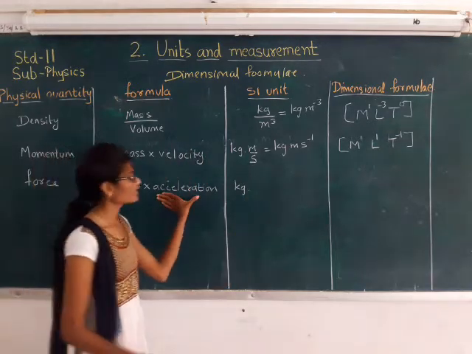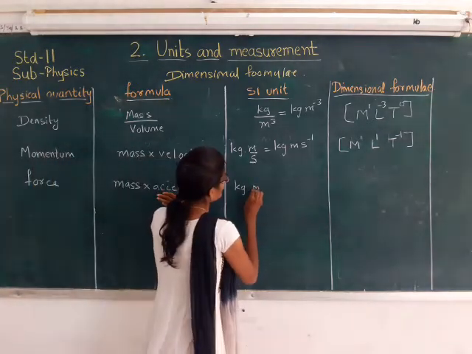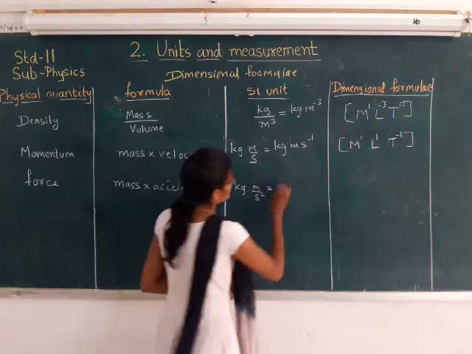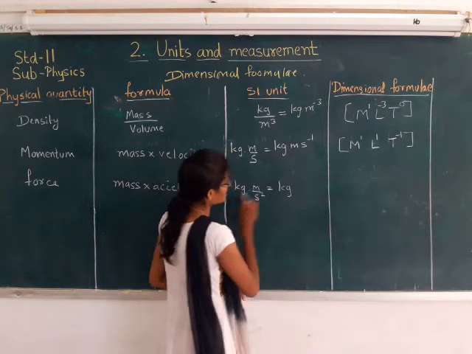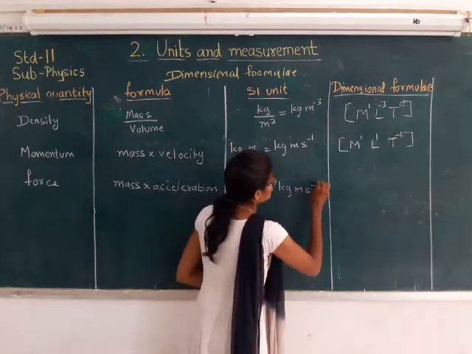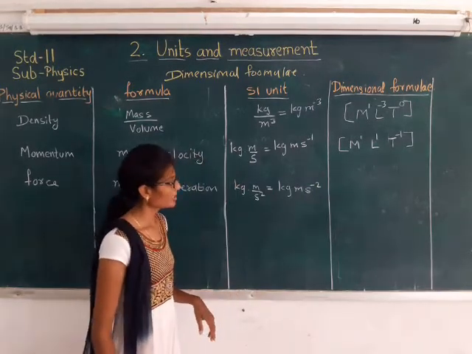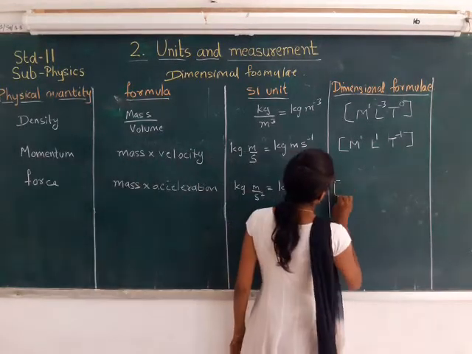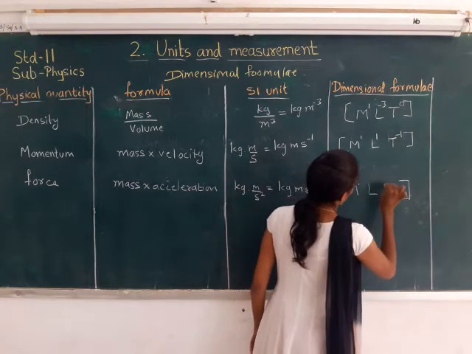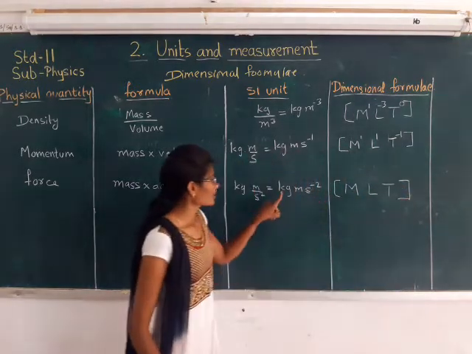Here we are having acceleration, and its unit is meter per second square. Taking the second square in numerator, we can write it as kg, meter and s raised to minus 2, right? So now the dimensional formula is, first of all let us write M, L, and T.